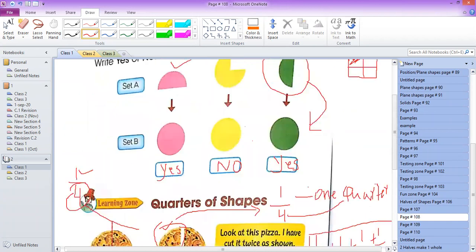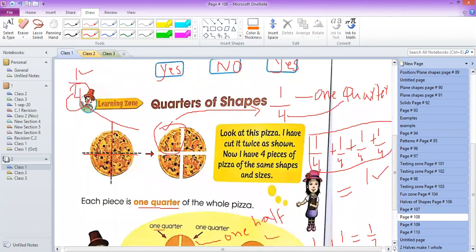The next concept was about the quarters of the shape, guys. For the quarters of the shape, we learned that if we divide a pizza, a cake, a chocolate bar, anything or a shape into four equal parts, into four equal parts, what does equal mean? The same shapes and same sizes.